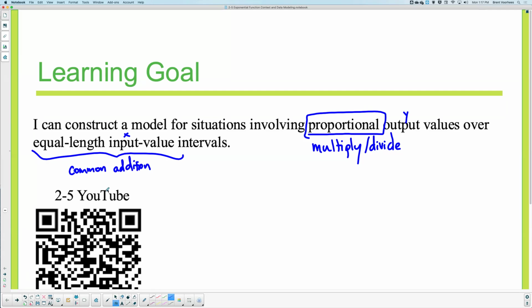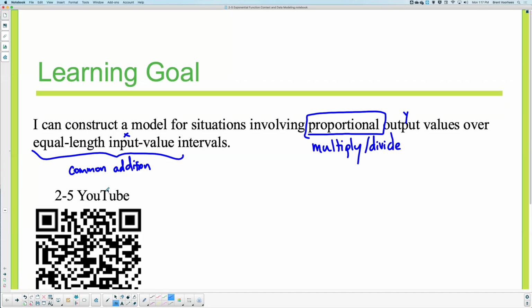Now, why I say addition, not subtraction, is because the x's are always going to increase. So we're not going to subtract there, but the x's will always be adding by a common amount. So if it's 1 every time, then it's 1 every time. If it's 2 every time, then it's 2 every time, so on. It's common. That's what that means. Equal length input. Equal length means same amount. Common. Okay, with that, we'll get started.